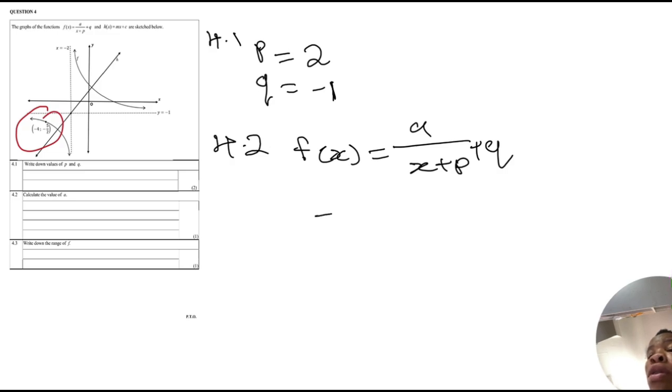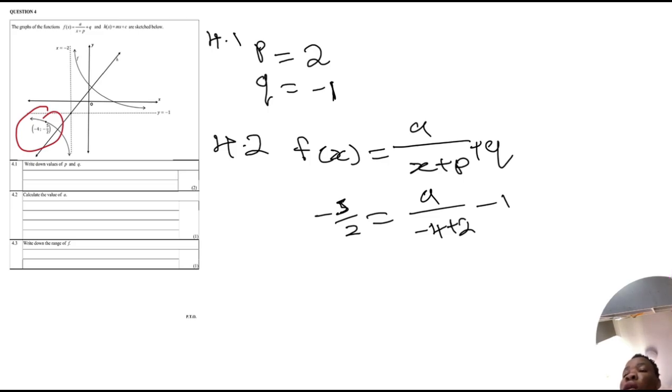Therefore, we will have y is -5/2 equals A all over -4 plus 2, minus, supposed to be minus here, minus 1. Then now let's take the like terms together.